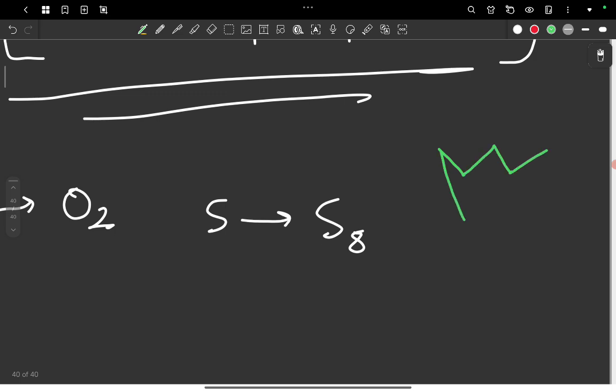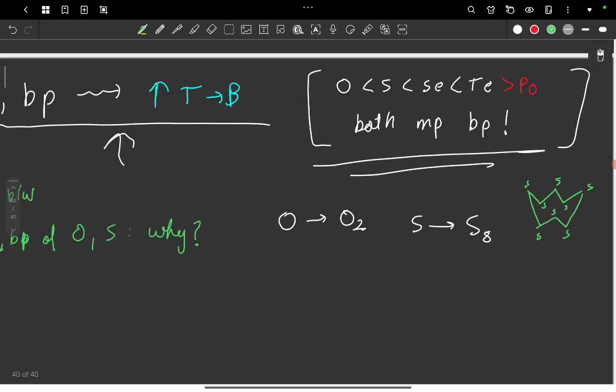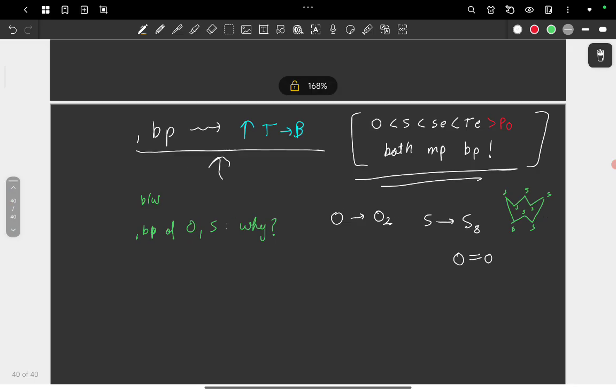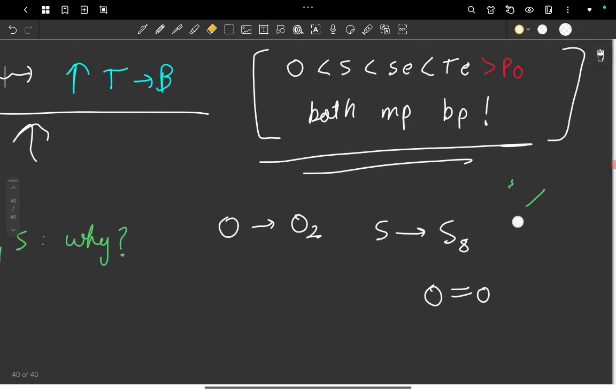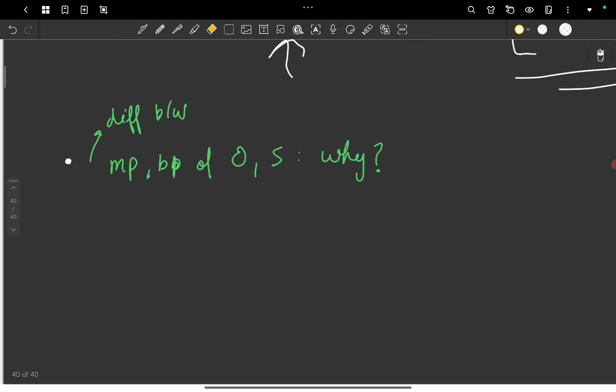This was the structure of sulfur, and it exists as this molecule, while oxygen just exists as this boring diatomic molecule. Basically, this allows sulfur to have a greater melting point because they are better packed together. So I am not writing this, just keep it in your head.